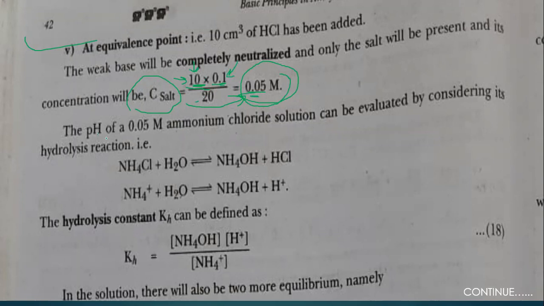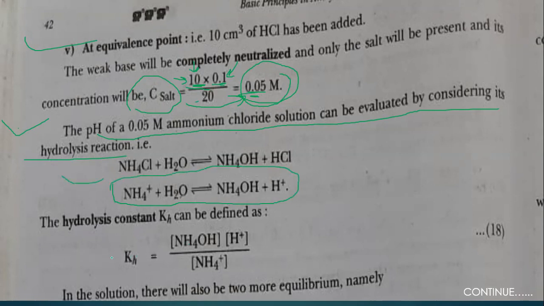Okay, so the pH of 0.05 molar ammonium chloride solution can be evaluated by considering its hydrolysis reaction. To calculate its pH here, we have to consider the hydrolysis reaction. Which hydrolysis? NH4 plus H2O gives NH4OH plus H plus. This is the hydrolysis reaction.